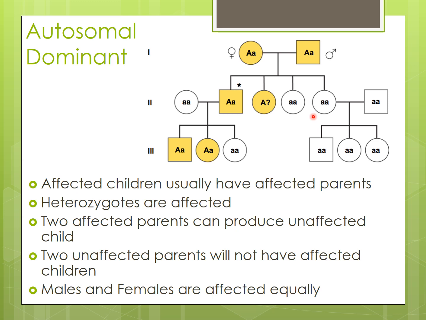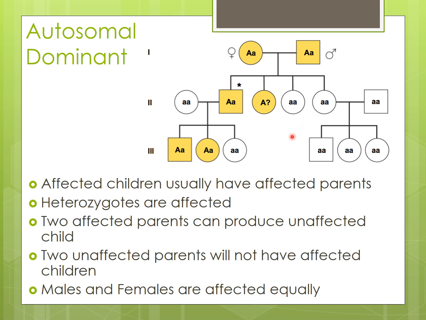So these individuals in subsequent generations do not pass this gene on to their offspring. So this subsection of the family is not affected in the autosomal dominant pattern. Two unaffected parents will usually not have affected children.